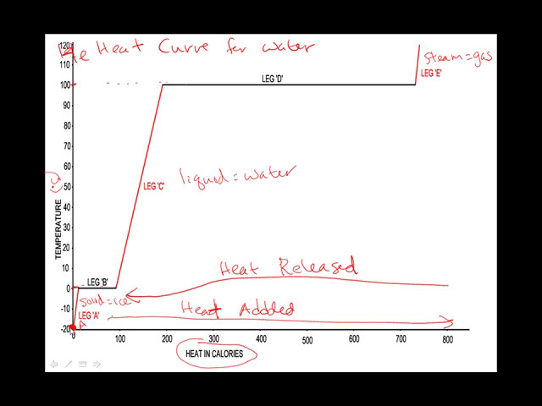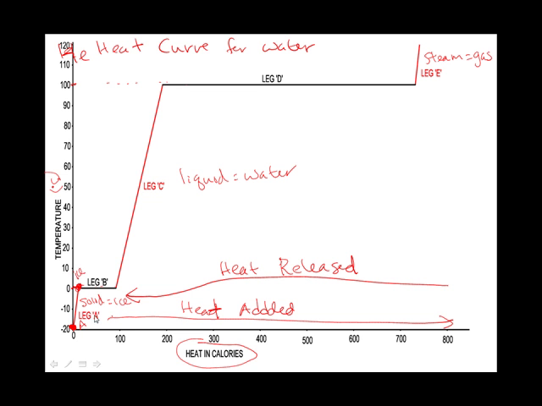At point A, we have very cold ice, negative 20 degrees Celsius. As I move toward the right on this graph, I'm adding heat, and that heat is used to warm up the ice from negative 20 degrees Celsius to 0 degrees Celsius.